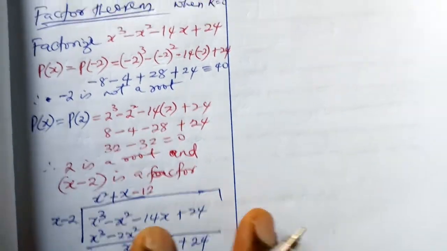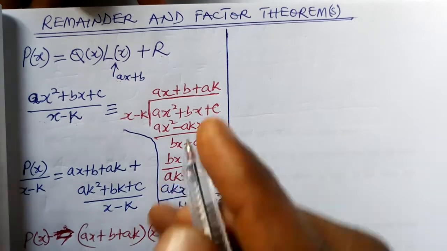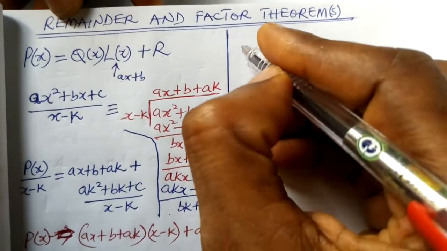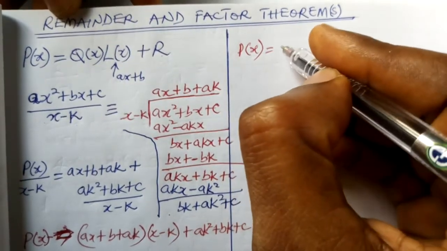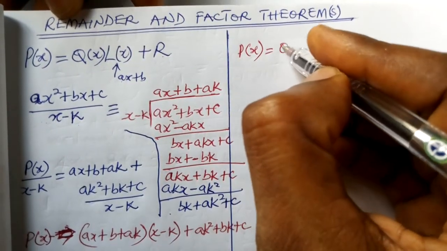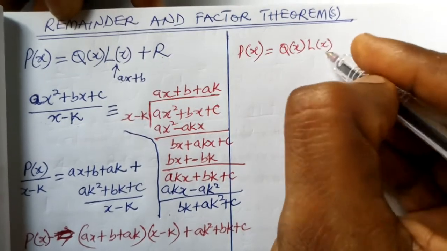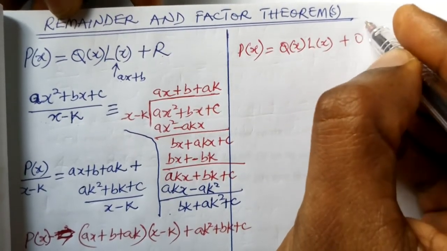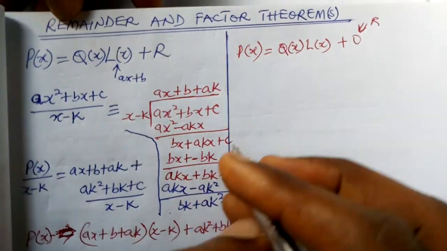So that means we will have that p of x is equal to q of x times L of x plus 0, where the remainder is 0.